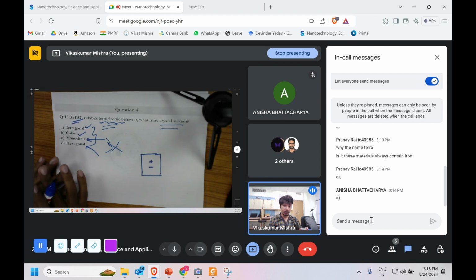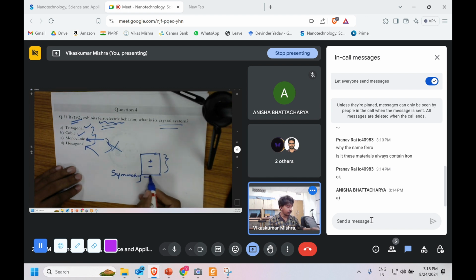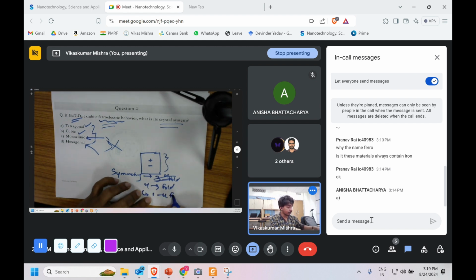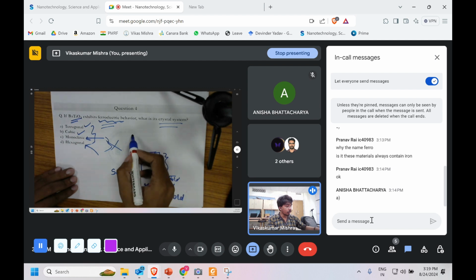Why does it happen? Because along one of the axes, the crystal has elongated, along the C axis, so the symmetry is disturbed. The symmetry has come down from 4/3-fold to 1/4-fold.